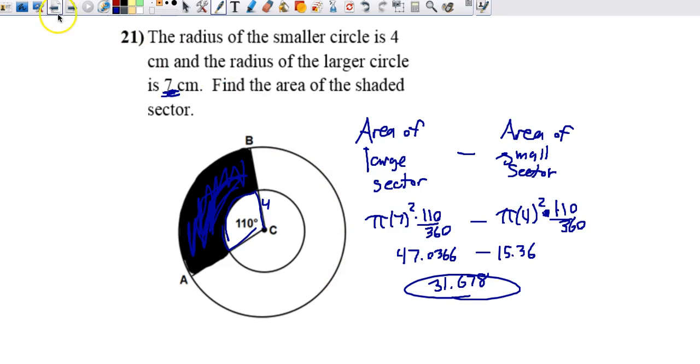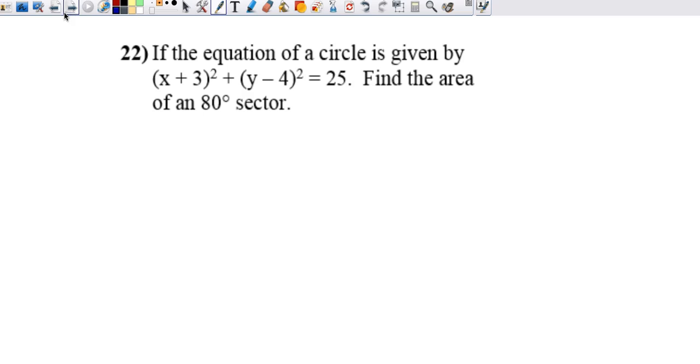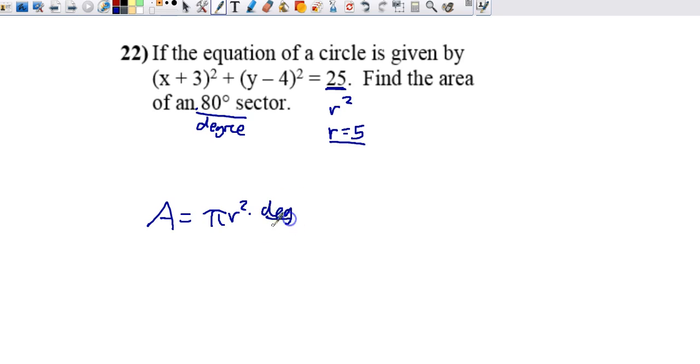All right, 22. All right, pause it please. Equation of a circle is given by (x plus 3) squared plus (y minus 4) squared equals 25. We want to know the area of a sector. This part is the r squared, so r is going to be 5. Area of an 80-degree sector, we're just going to use the area formula, pi r squared, degree over 360.